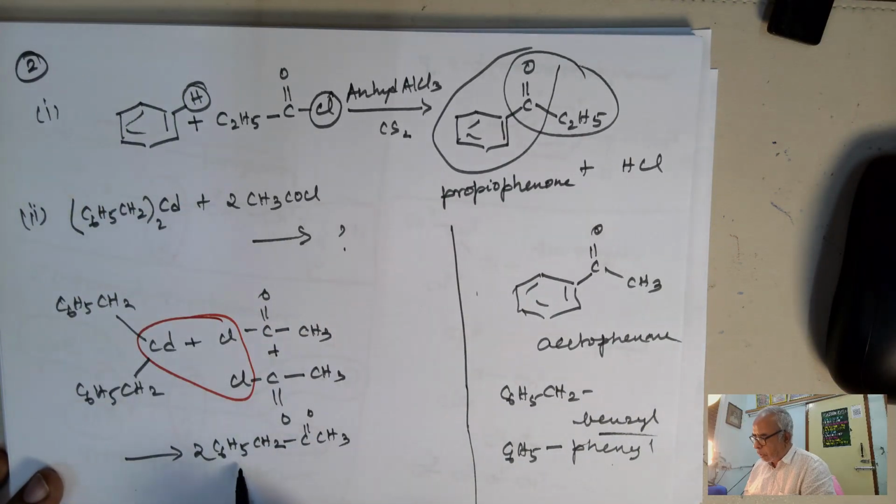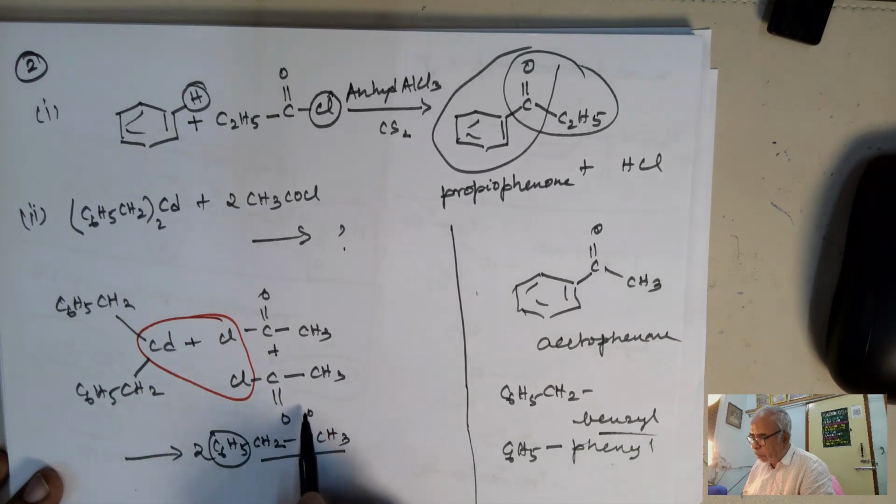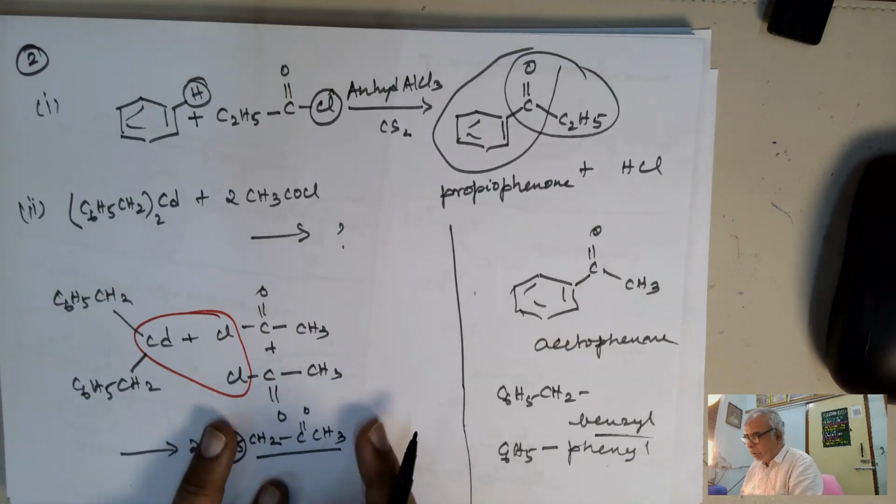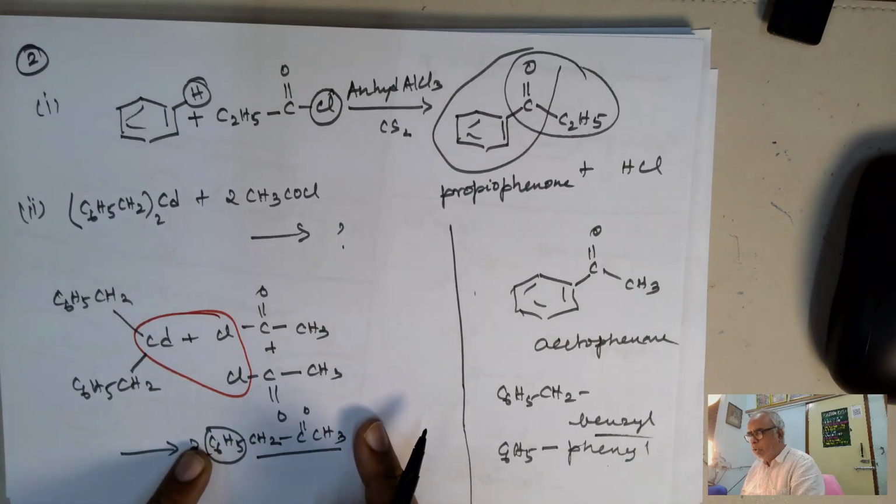This is actually propanone, and where you have got phenyl, so this can be called phenyl. This is CH3, C double bond O, CH3. So this is propanone and phenyl.